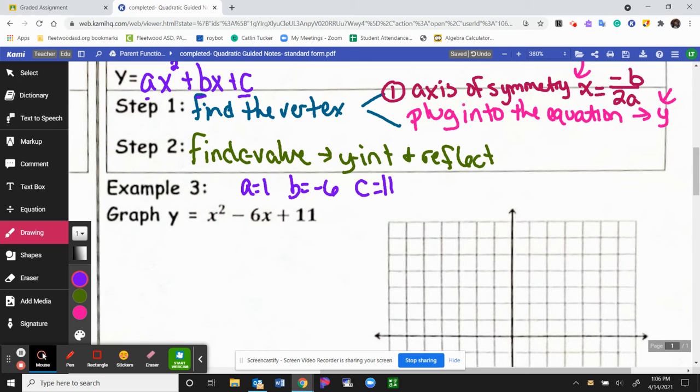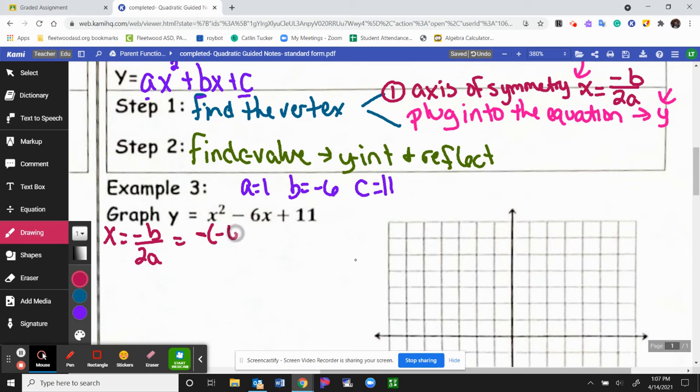Okay, so what we want to do here is we want to look at finding the vertex. So to do that, we first need to find our axis of symmetry. So we need to write down our formula, negative b over 2a. And we need to substitute in here. So it's a negative. Now be careful, b is -6.